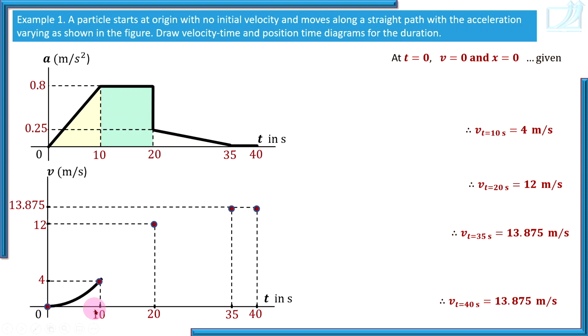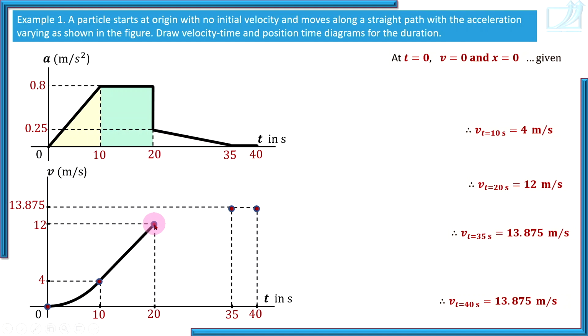Now from t equal to 10 to t equal to 20 seconds, acceleration is constant and acceleration is slope of VT diagram. So acceleration is constant in the sense slope of VT diagram is constant. So it must be a straight line. So draw a straight line. Now there is a sudden drop in acceleration. So what does that mean here? This is very important.